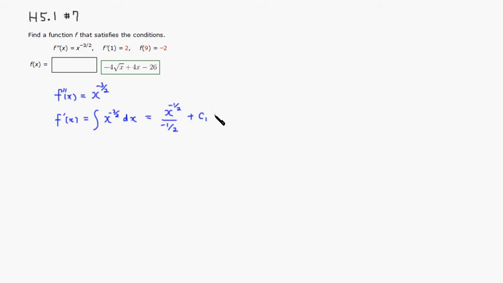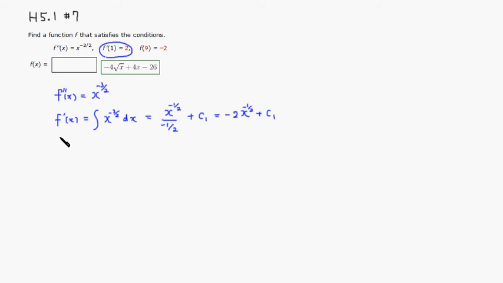Then we can simplify a bit. Dividing by negative 1/2 is the same thing as multiplying by negative 2. So you have negative 2 x to the negative 1/2 plus C1.